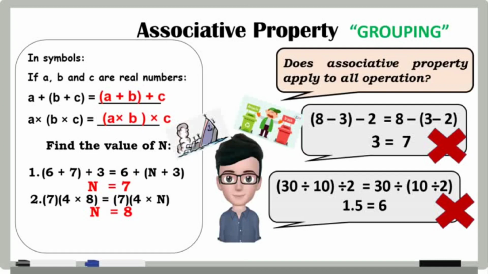Okay, that is correct. So, tandaan nyo lagi, ang associative property, it has something to do with regrouping. But, bear in mind na hindi lahat ng bagay ay pwedeng i-regroup. Kasi may mga bagay na kapag ni-regroup natin or group natin sa iba, may iba na yung result.